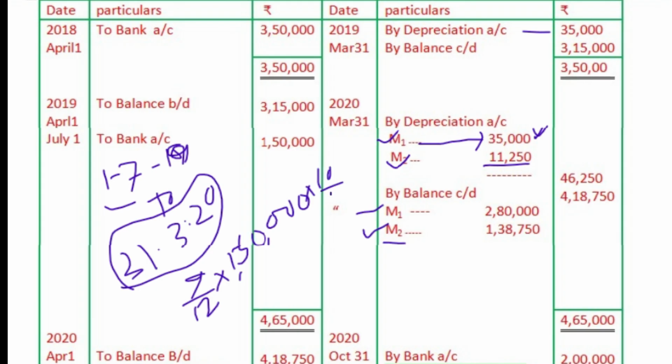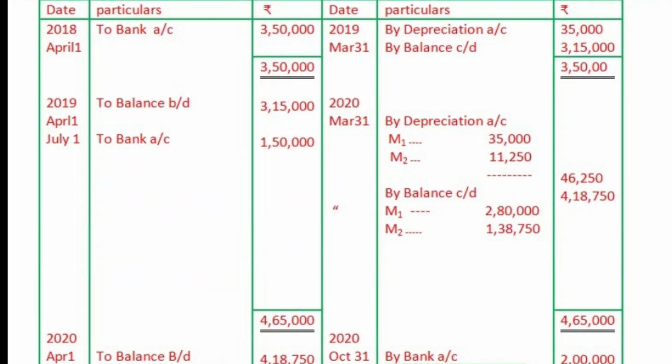So 10/100. If you calculate 9/12 into 1,50,000 into 10/100, then the value is 11,250. Understood?